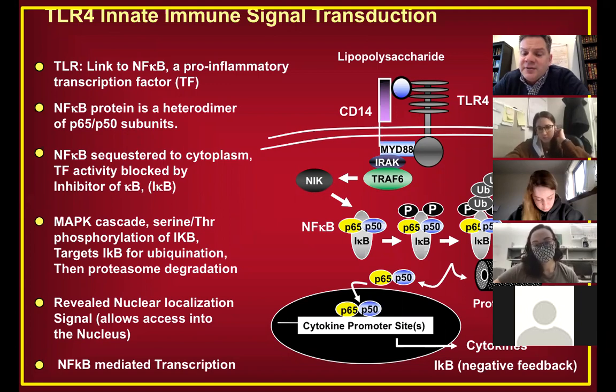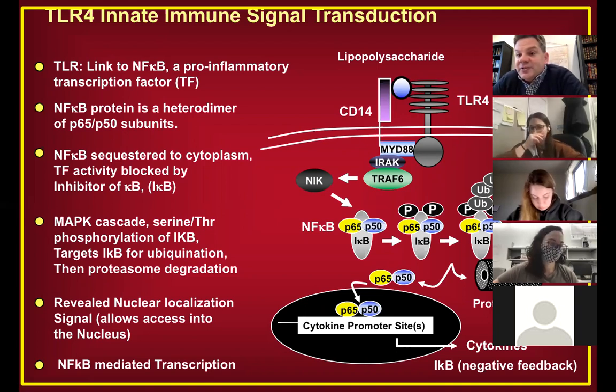Very, very fast. Part of what this NF-kappa B does too is there's a negative feedback. You have I-kappa B produced, and this comes back out and binds up the free P65, P50 and sequesters it again. So kind of an automatic shutoff. And in fact, if you want to know if NF-kappa B is active in your system, you can actually look for RNA of I-kappa B. It'll be highly increased in any sort of inflammatory event.